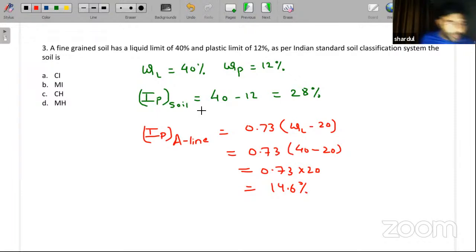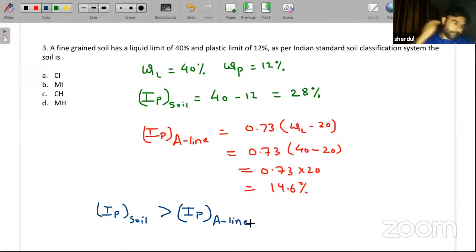So IP of the soil is 28% and IP of the A line is 14.6%. From here, I can easily say that the IP of the soil is greater than IP of the A line.